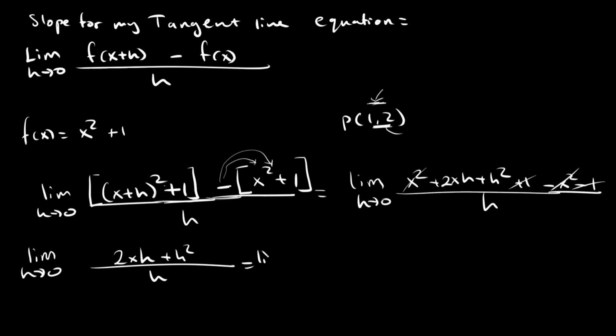But what we can do is to factorize my h, right? Let's factorize my h. Okay, but what I notice is that I can cancel out h here, and I'm left with 2x.